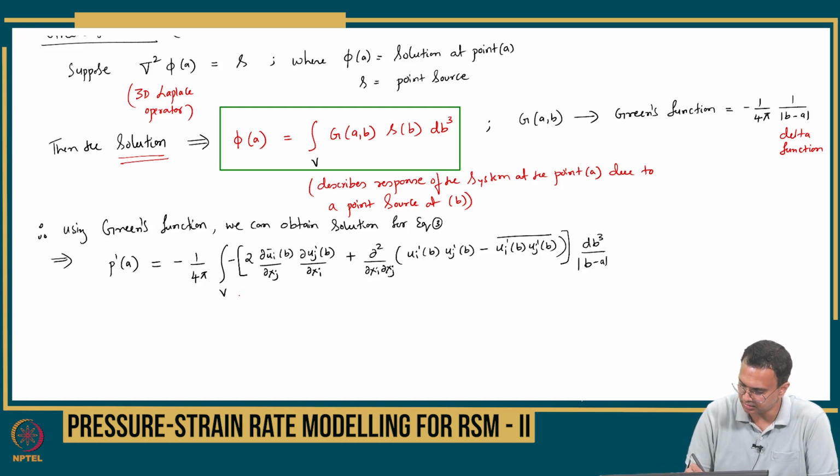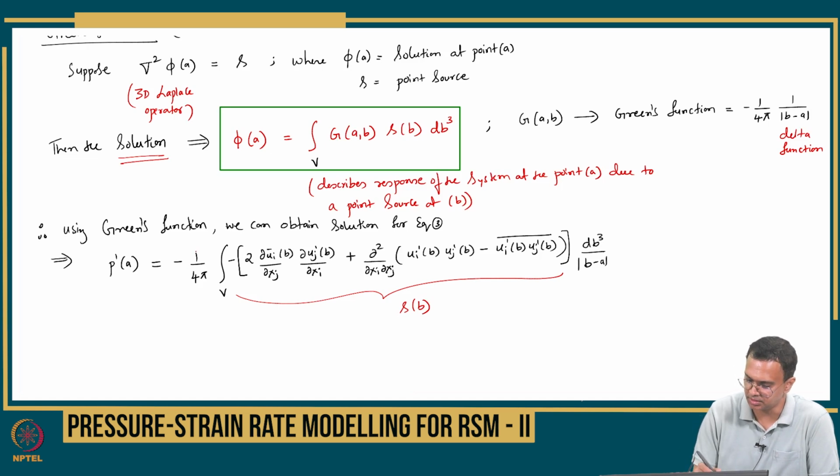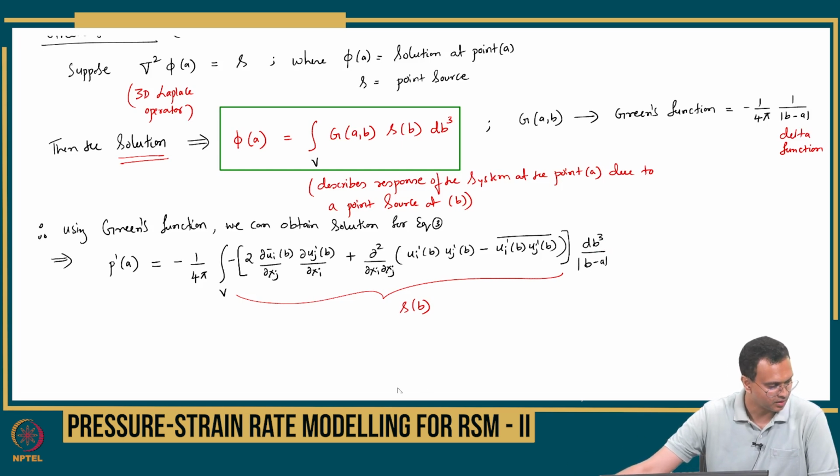So this entire part here is nothing but S of B, the source term, right. G of A comma B is here, minus 1 by 4 pi B minus A dB cube, that volume integral. So this is the entire source term that I have replaced here, S of B, a complicated source term indeed, where I have the rapid and slow parts, right.